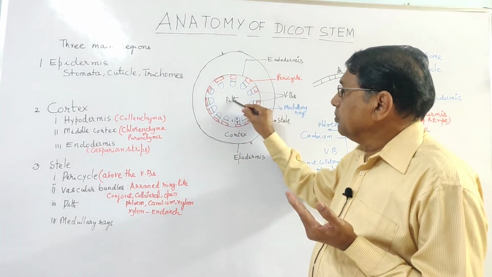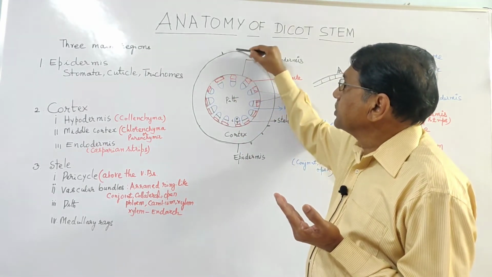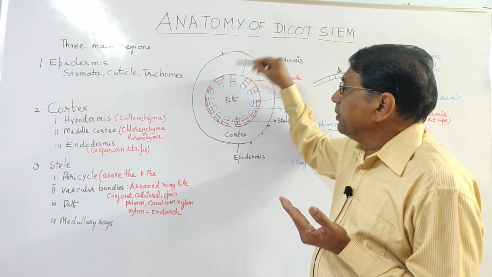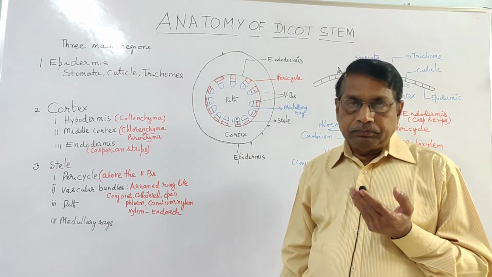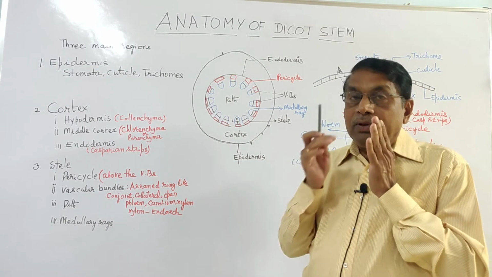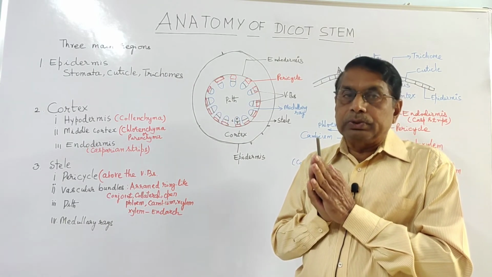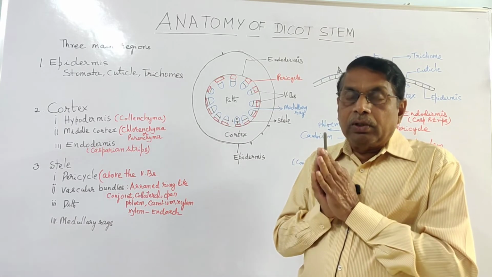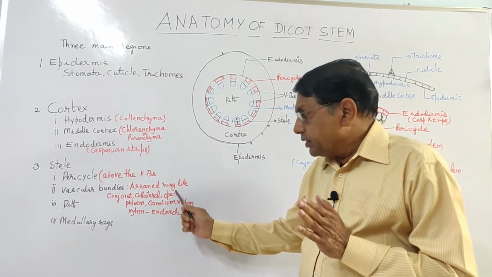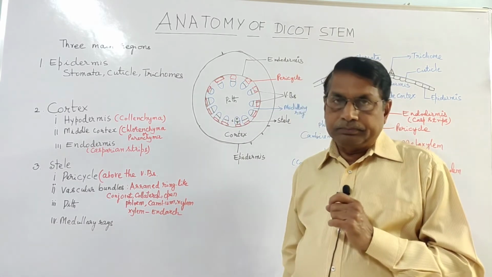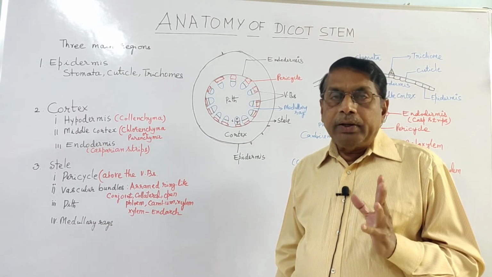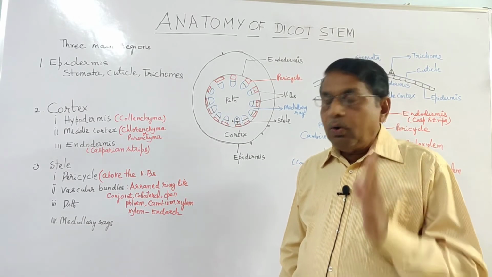Suppose from here you draw a radial line. On the same radial line you find xylem and phloem. In between the xylem and phloem there is a cambium, meristematic tissue. Therefore, the vascular bundles are described as conjoint, collateral, open.